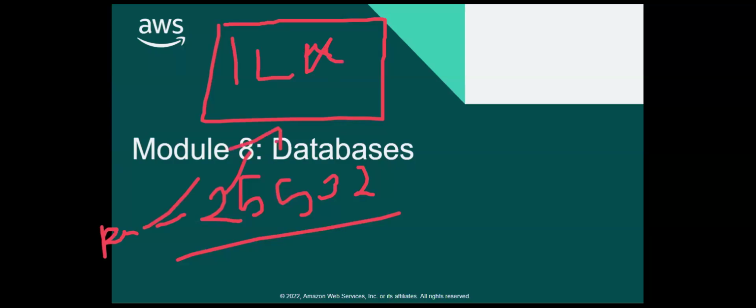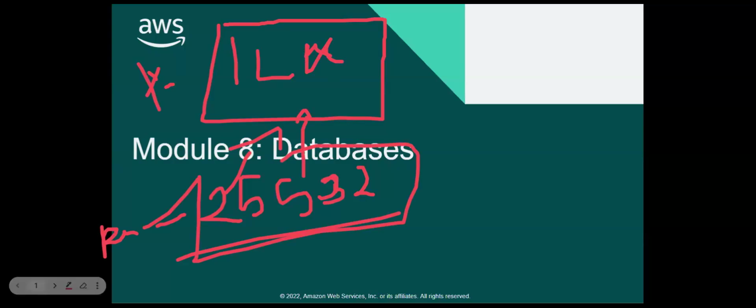Now you have to write a SQL query. It will go and search in the database, so it will take some time, right? Because there is 1 lakh data and your point is 25,532.